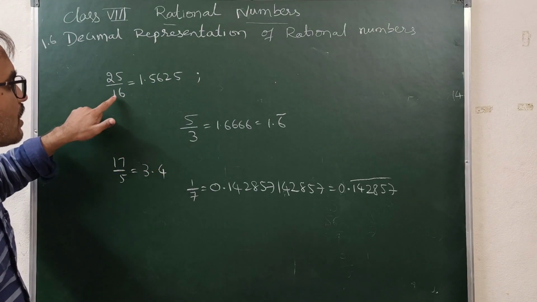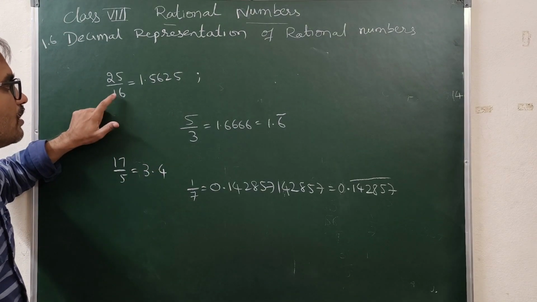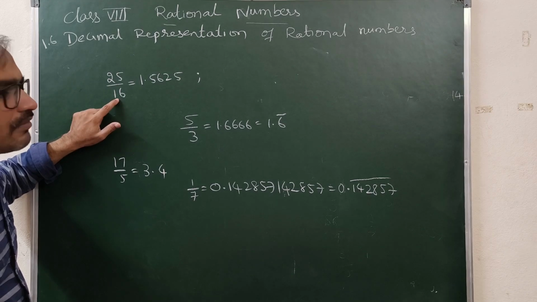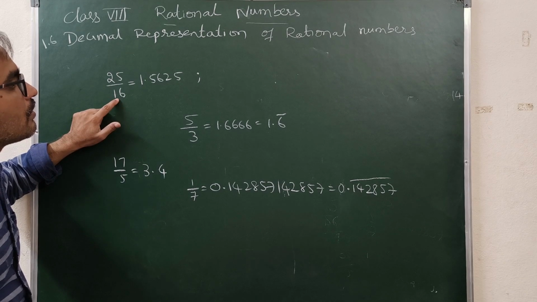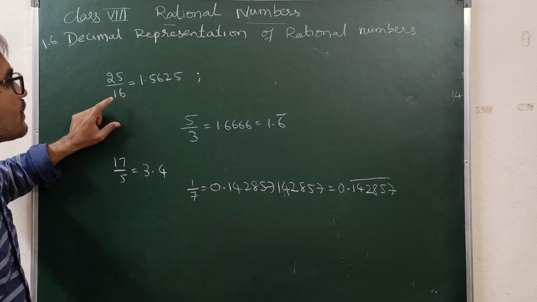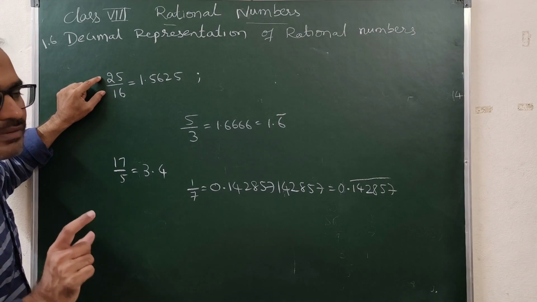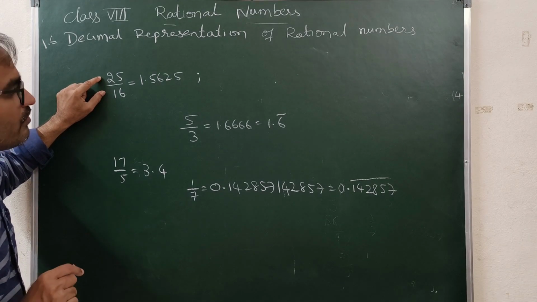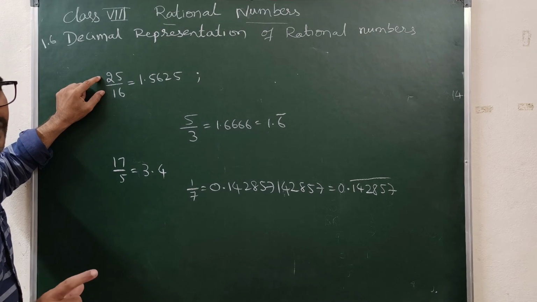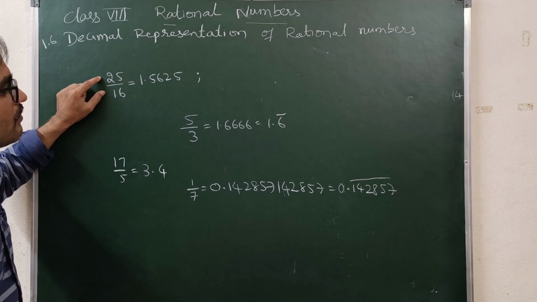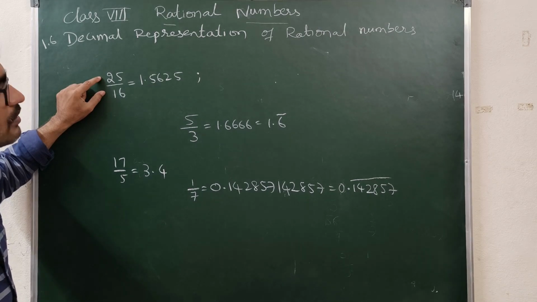If you observe carefully the denominators, here the factors of 16, and we must be careful that the fraction should be in its simplest form. Right? The fraction should be in its simplest form. What is the simplest form of a fraction?